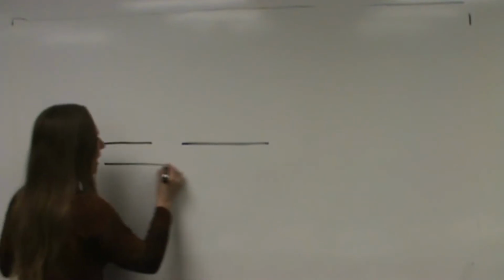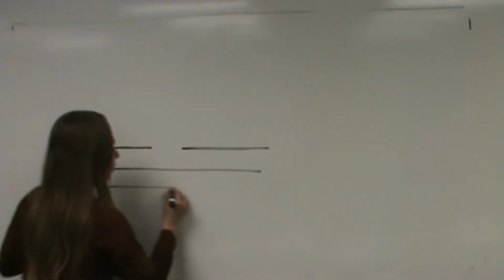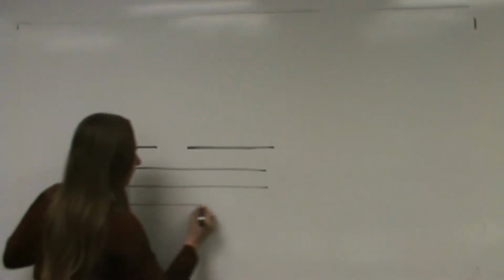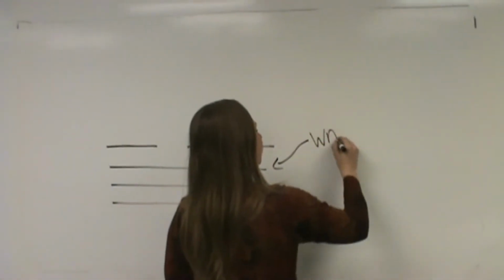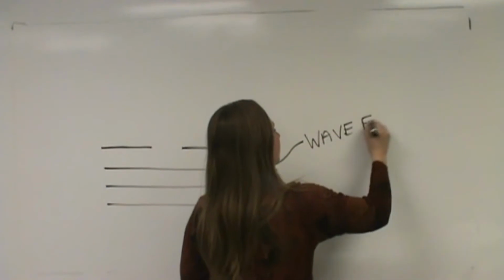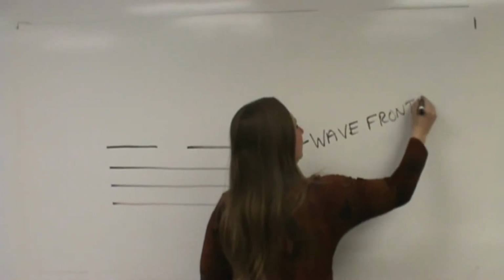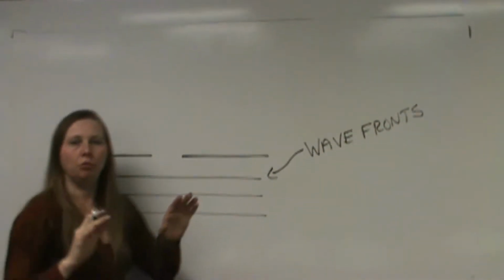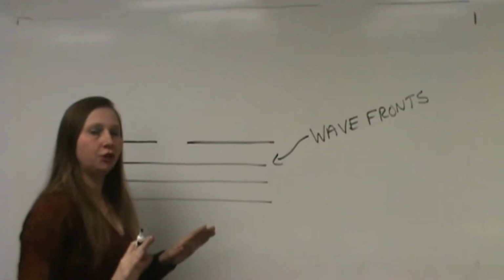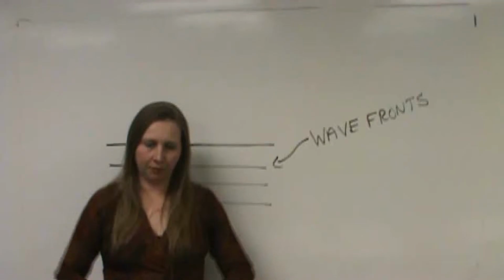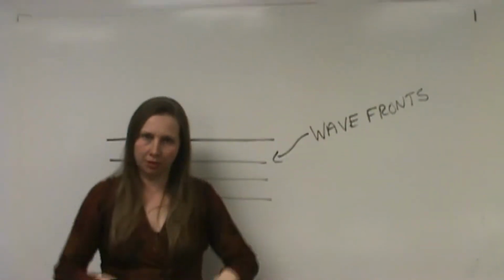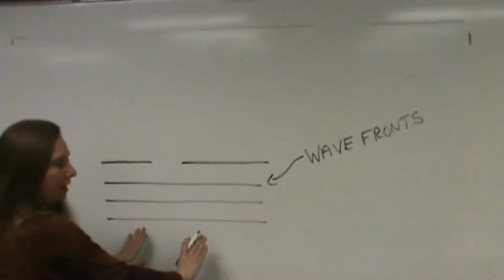Now, here are waves. These are what we call wave fronts. Now, a wave front is a bunch of crests all together. So it would be like crest, crest, crest, crest. Like at the beach.